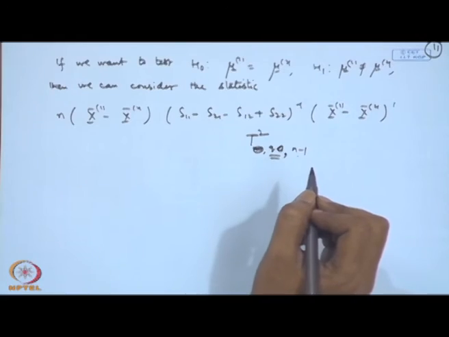I have shown that various inferential problems for the mean vectors of 1 or 2 multivariate normal populations, or several multivariate normal populations, can be handled using the Hotelling's t square statistic.